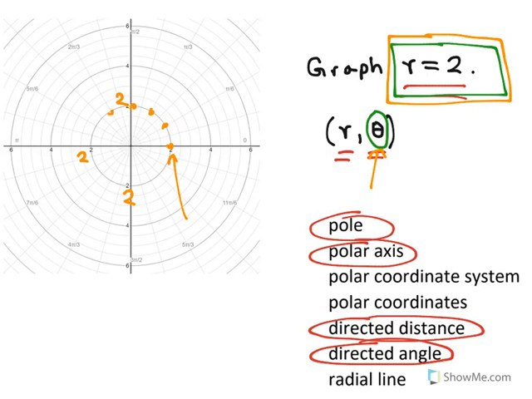If the angle is 2 pi over 3, you'll have this point, 5 pi over 6. So no matter what the angle is, on the terminal side of the angle, you will locate a point that is 2 units from the pole, and of course you have a set of points that are equidistant from the pole. So what you have is a circle with the pole being the center and the radius being 2 units. So that was really easy to graph.